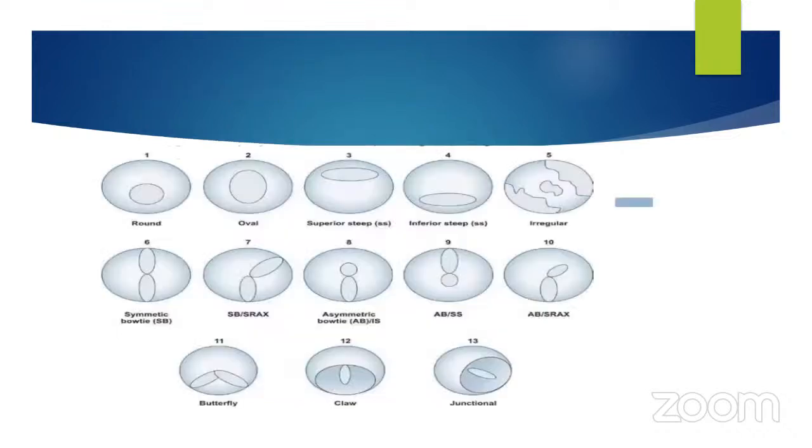There are various patterns seen in the sagittal map: round, oval, superior steep, inferior steep, irregular pattern, symmetrical bow tie with skewed radial axis, asymmetrical bow tie with inferior steepening, asymmetrical bow tie with superior steepening pattern, butterfly pattern, claw pattern, and junctional pattern.